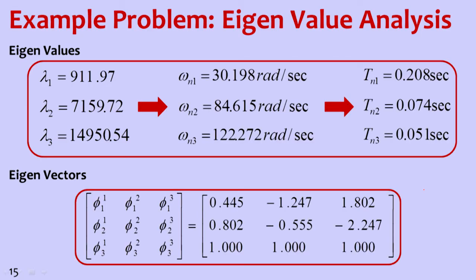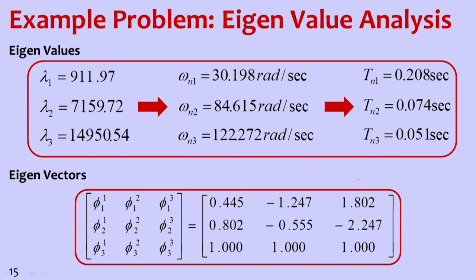So if we look at all 3 at a time, this is the phi matrix, the matrix of values. The 3 eigenvectors are there. This is called the mode shape matrix: first mode vector, second mode vector, third mode vector.